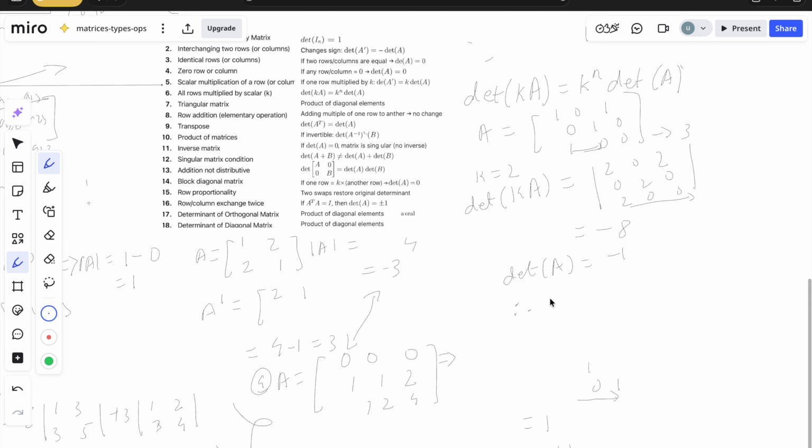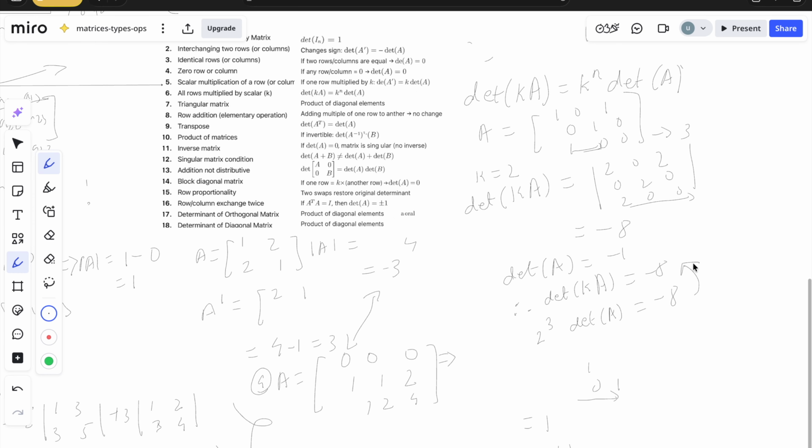Therefore determinant of kA is equal to minus 8, and here it says k to the power of n, where n means the order of the matrix. So k is 2 to the power of 3 into determinant of A, which is equal to minus 8, which is the same.